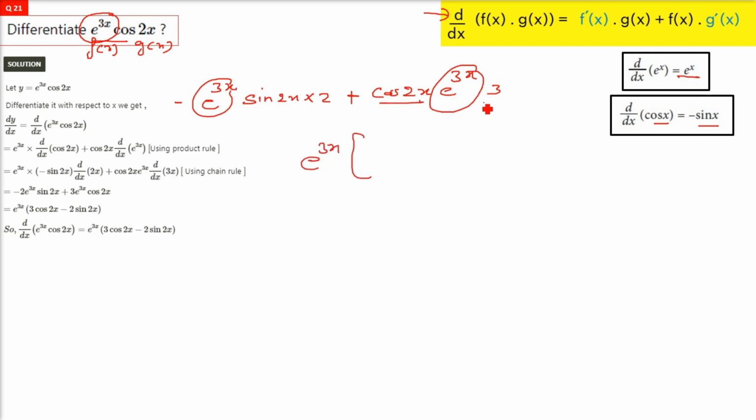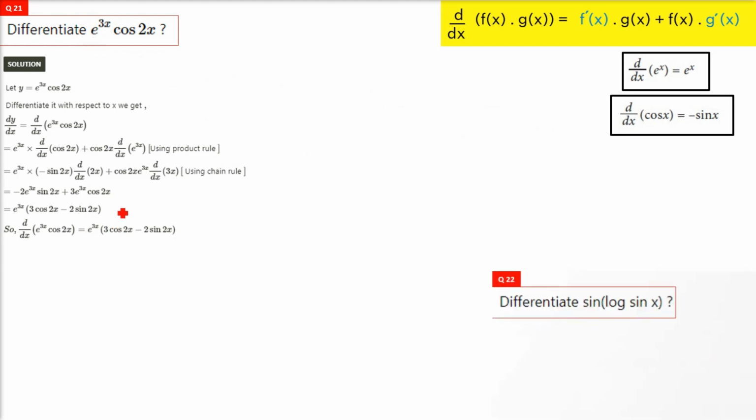So this you can write first, 3 cos 2x and minus 2 sin 2x. So here in this, we have applied the product rule and the chain rule. And we know the differentiation of e to the power x and cos theta. So 2x and 3x, they both also have to be differentiated as per the chain rule.